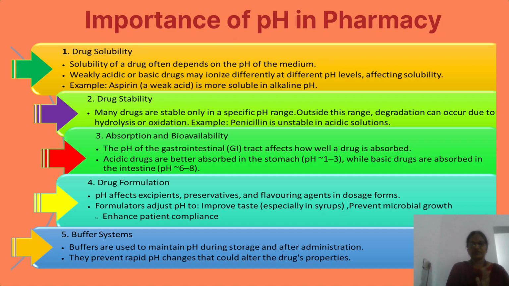Next we move on to the importance of pH in pharmacy. The pH is fundamental in our analysis. It is used in numerous activities like determination of drug solubility, drug stability, absorption and bioavailability of our substance, during drug formulation, and even preparation of buffer systems. Taking solubility, the solubility of some drugs depends upon the pH of the medium.